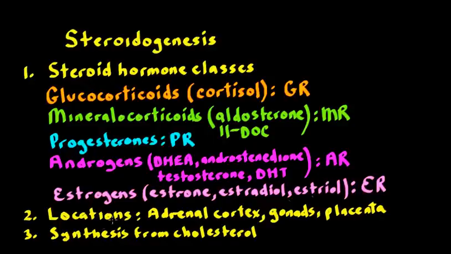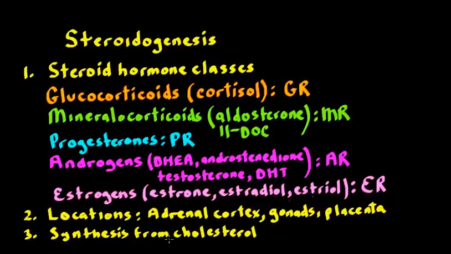And in terms of locations, by now you probably will remember that the adrenal cortex in the 3 zones, the zona fasciculata, glomerulosa, and reticularis, the ovaries and testes, and the placenta are all capable of synthesizing steroid hormones.